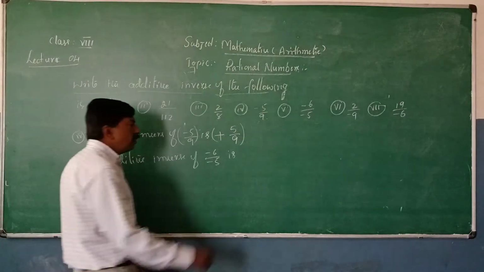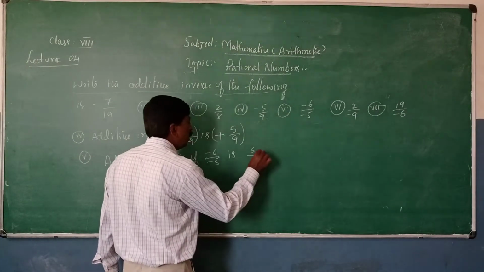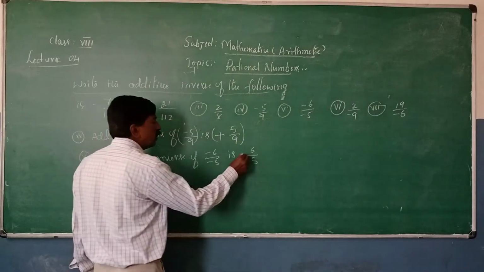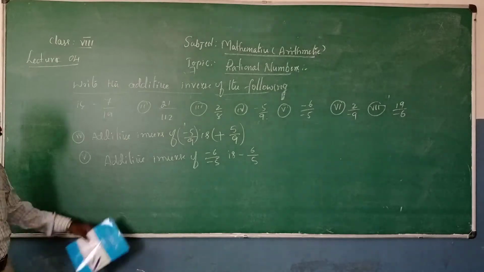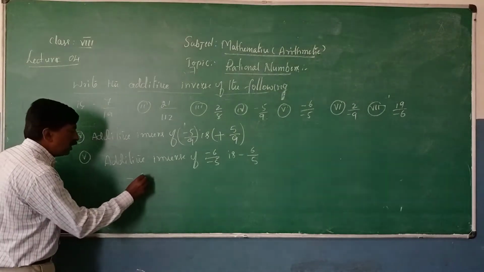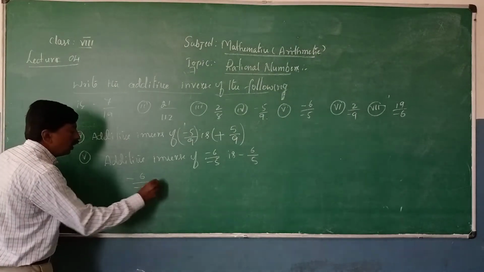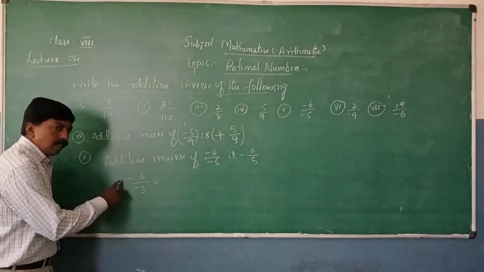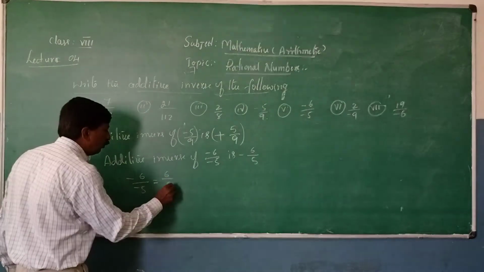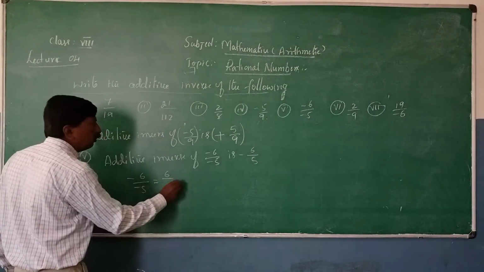Minus 6 by minus 5 is nothing but minus divided by minus, which is plus, so it is 6 by 5.